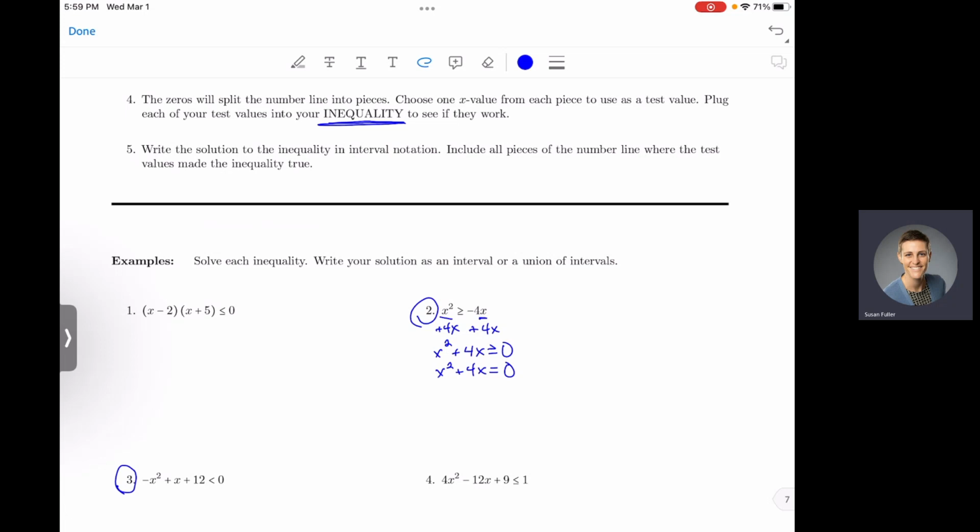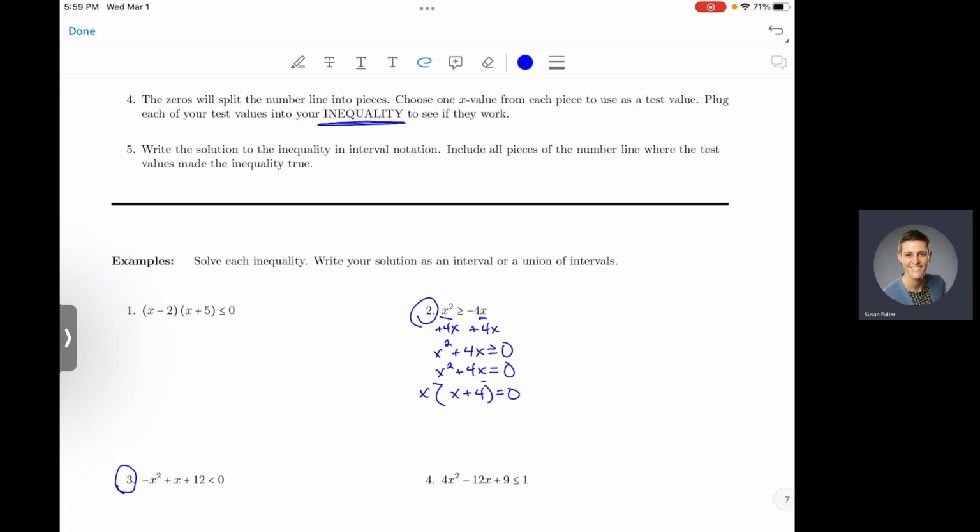And if I wanted to solve x squared plus 4x equals 0, I would try to factor this left-hand side. So first thing I'm going to do is look for a common factor, and an x will come out of both of these pieces. So I'm going to factor an x out. I'll get x times x plus 4 equals 0.